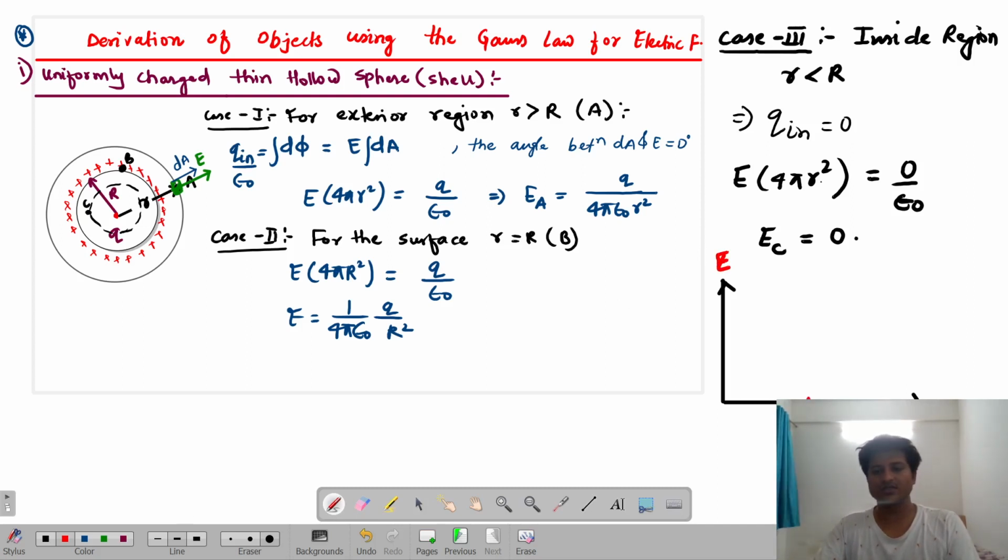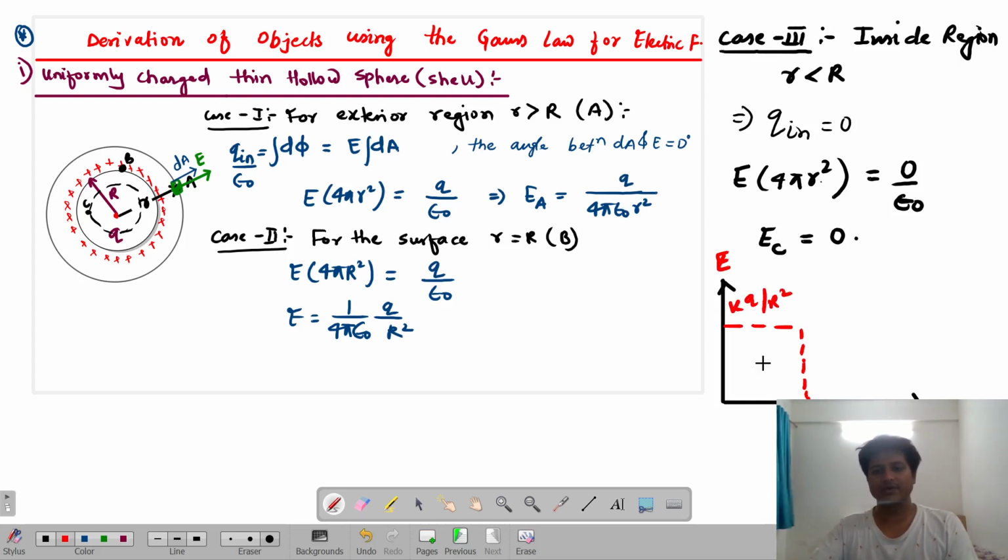Look over here, till the surface the electric field is 0, or not? Inside region the electric field is 0, and suddenly at the surface I have the maximum electric field, given as kq by capital R square, isn't it?